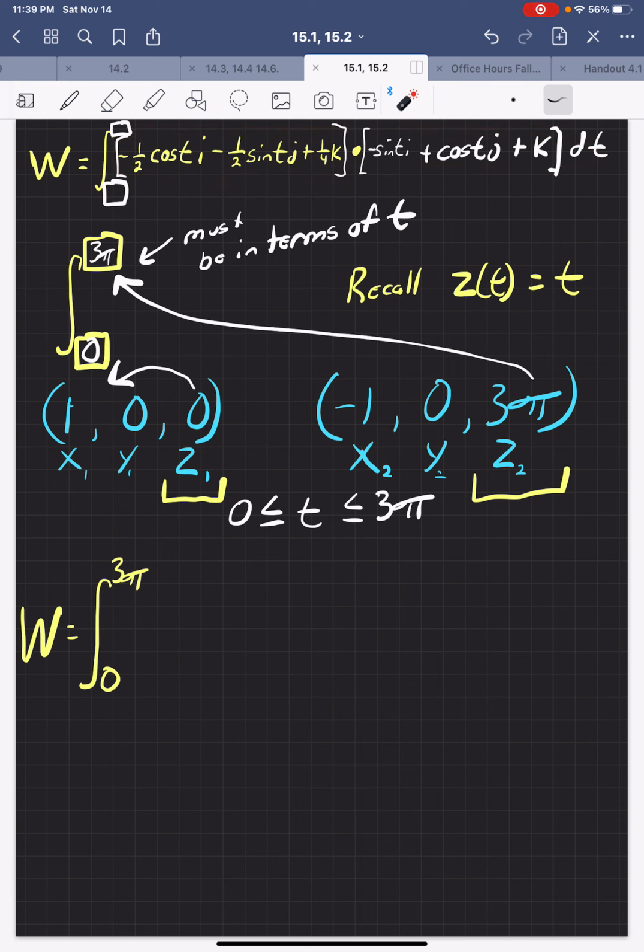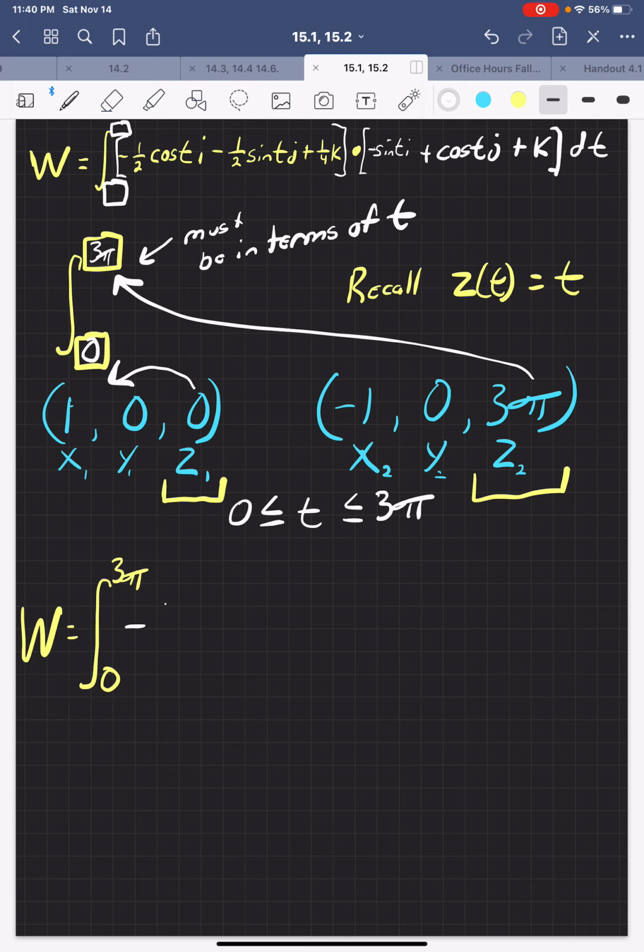It's just going to be -1/2 cosine of t times negative sine of t, then -1/2 sine of t times cosine of t. And then we're going to have 1/4 times 1. So it's going to be the sum of those. So what's that going to look like? Well, that dot product is going to look like the following.